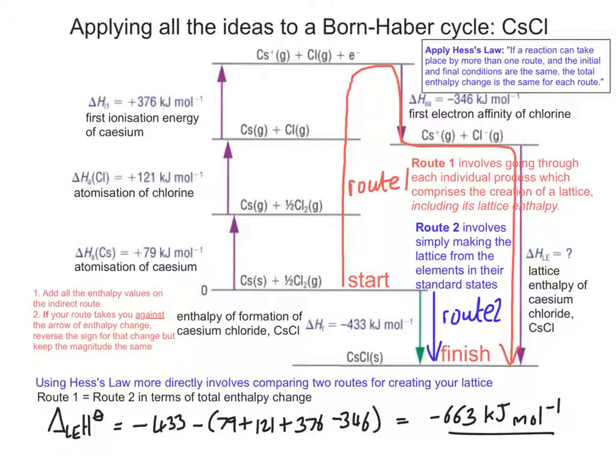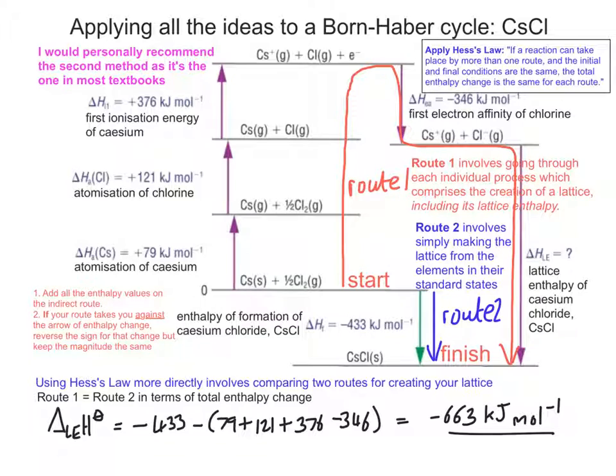What you might be asked to do is to use Hess's law to calculate lattice enthalpy. If they ask you to do this, the second technique we've just done is the one to use. If they don't specifically ask you to apply Hess's law in the question, you can probably use either of the two techniques and you'll be fine, because you can see mathematically that they actually end up with the same value.